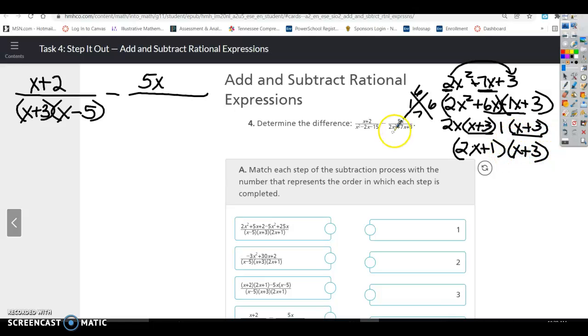So this denominator here can be written as 2x plus 1 and x plus 3. And you can quickly check that. 2x times x is 2x squared. Then I've got 6x plus 1x is 7x in the middle, and 1 times 3 is 3. So that's easy to check. And that should be a 3. It doesn't look like a 3.